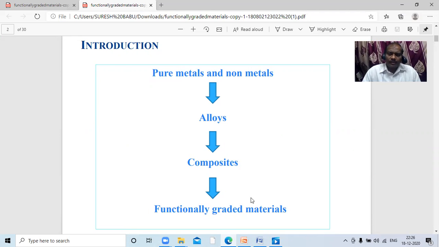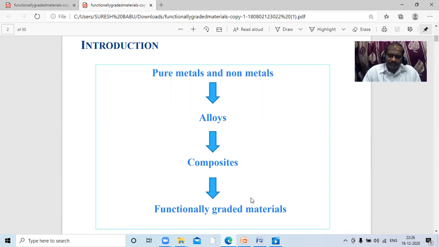And what is an alloy? An alloy is a combination of two or more metals at the molecular level. I repeat once again, an alloy is a combination of two or more metals combined at a molecular level. Why is an alloy created?